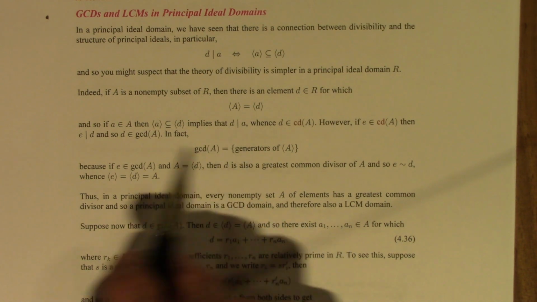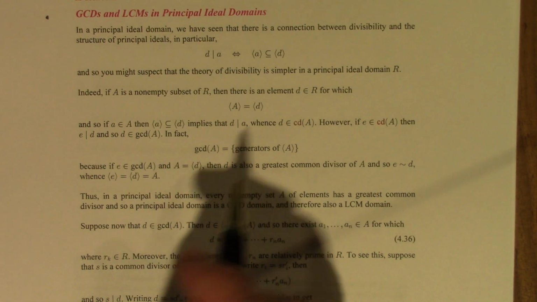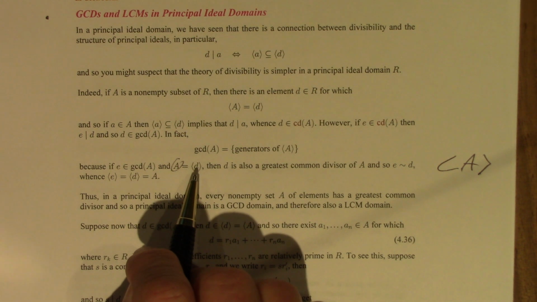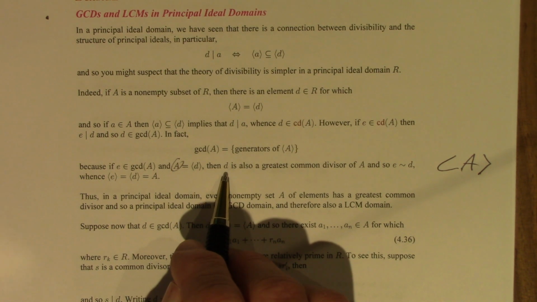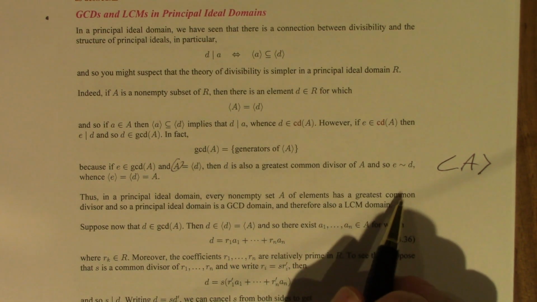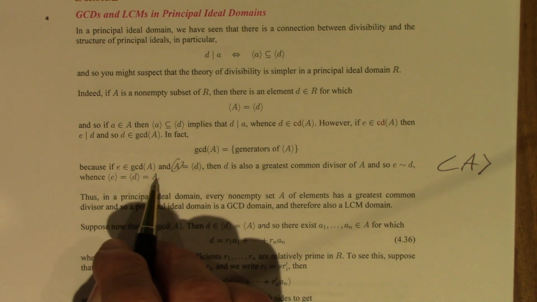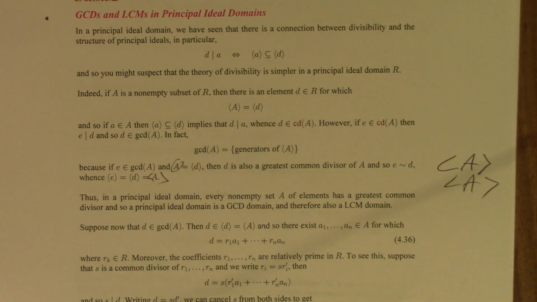And conversely, if E is a greatest common divisor of A, and the ideal A is generated by D, then D is also a greatest common divisor of A. And so E and D are associates, and therefore they generate the same ideal, and so the ideal generated by E is the ideal generated by A. I mentioned this before, but I'll remind you that all these corrections will be taken care of by the time I post the book on my website.